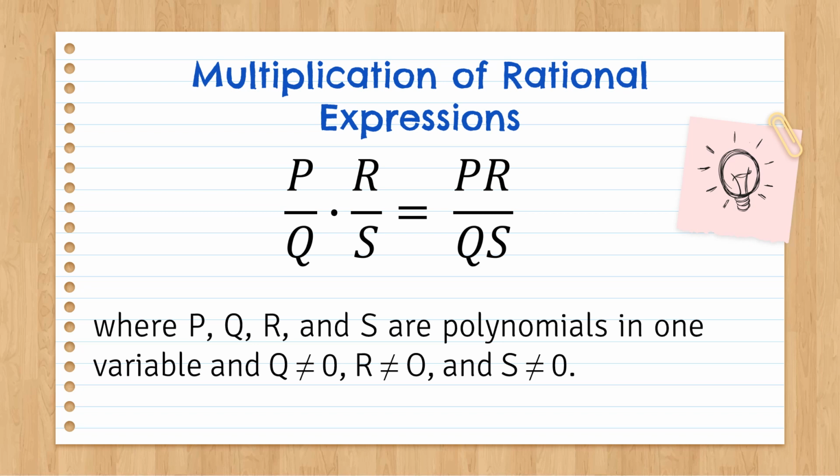Be reminded that P, Q, R, and S are polynomials in one variable, and Q must not be equal to 0, as well as R and S, for us to not have an undefined rational expression.